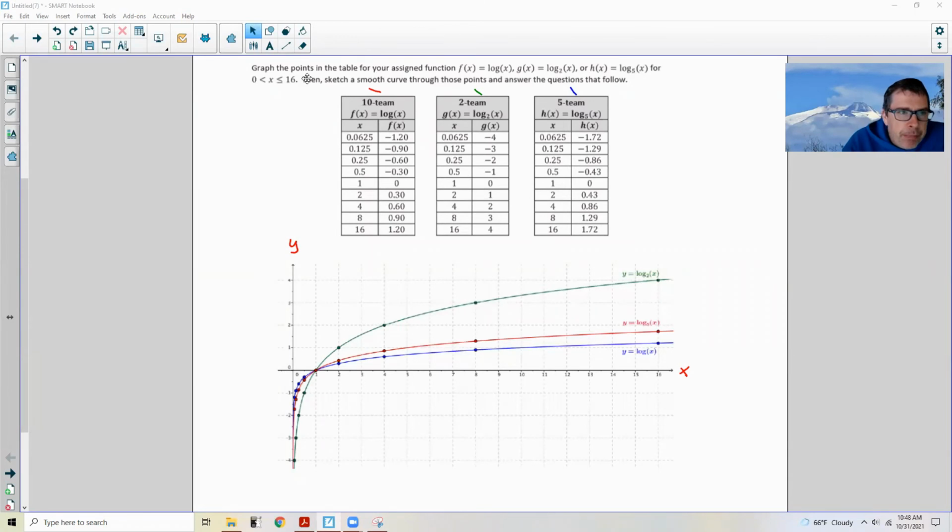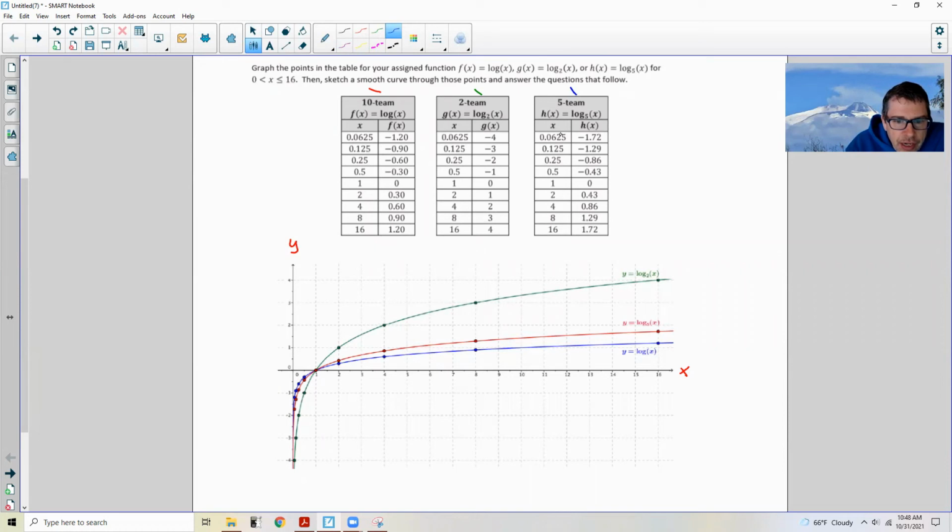Okay, so here is a better representation of what we just graphed, and the points are more accurate here. Notice all of them cross at the point (1, 0). So no matter what our base is, our x-intercept is going to be 1, and there is no y-intercept. Okay, and the green one, which is log base 2? Let me see if I got these straight.